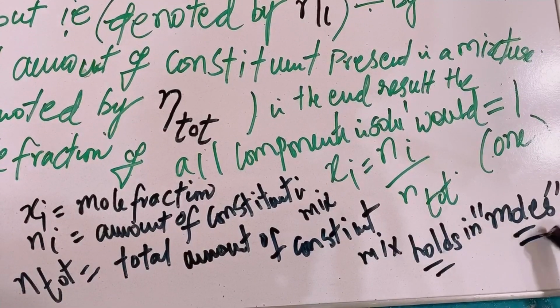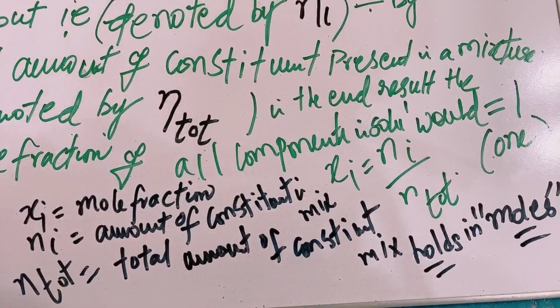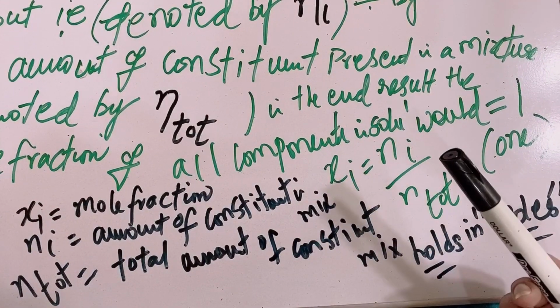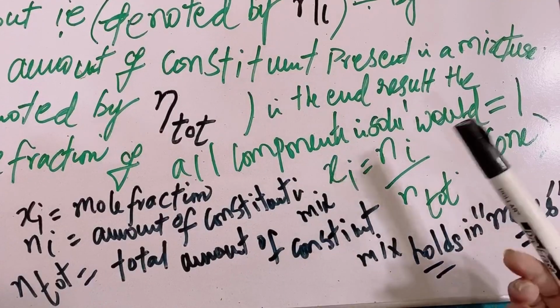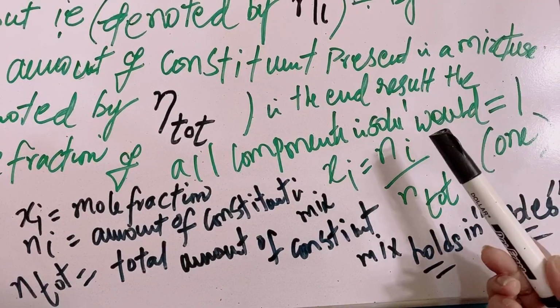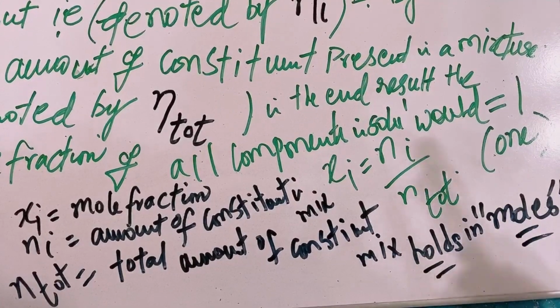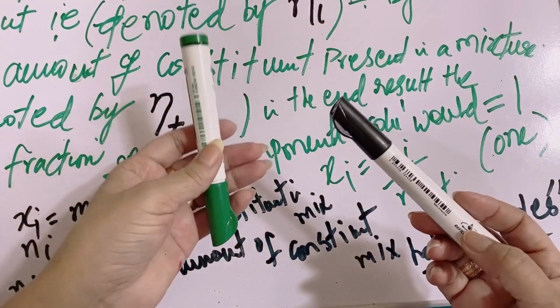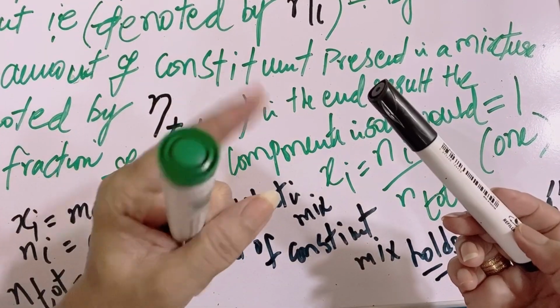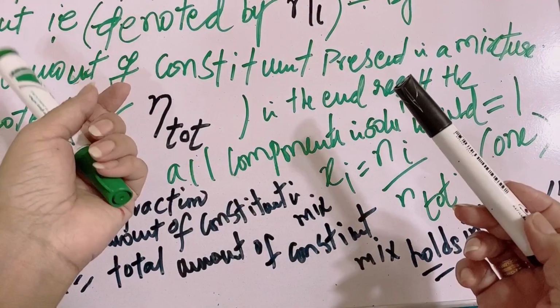This mole fraction is also called the amount fraction, and it simply refers to the number of moles of one part divided by the total number of moles in a mixture. Just remember this very important definition.